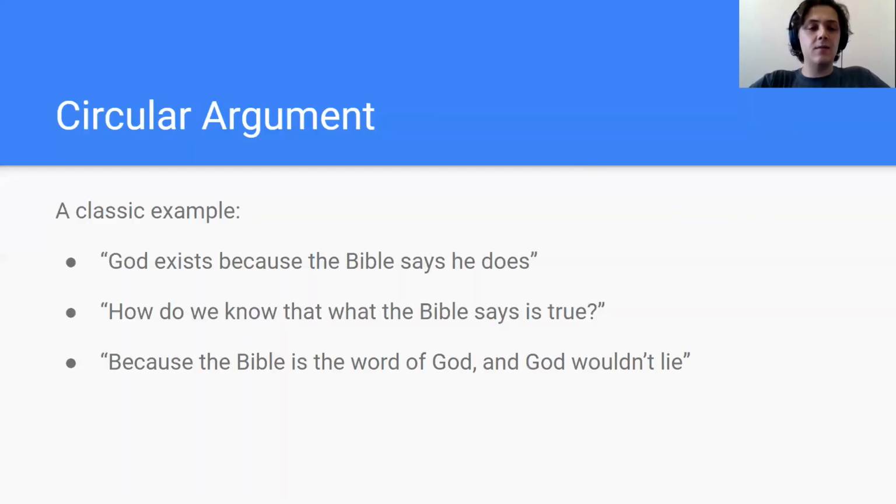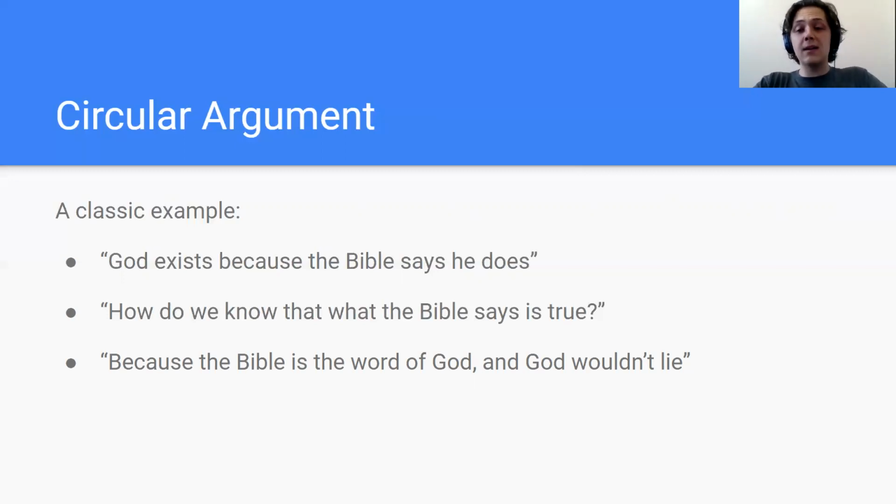So the second claim here relies on the first, which is that God exists. But the first relies on the second to trust the Bible. So maybe God exists, maybe God doesn't exist. I don't have any particular concerns about what anyone's religious views are.